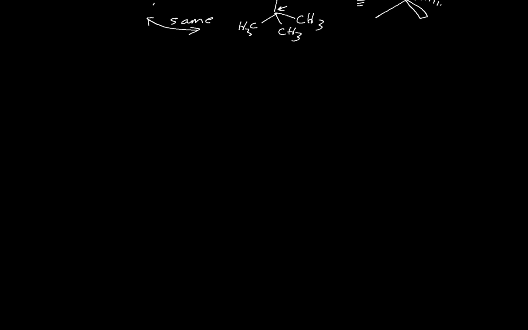Moving on, some more do's. Say we have a molecule like this, oxygen. Notice that I didn't draw in the lone pairs. The lone pairs are implied. What else is implied in this structure?